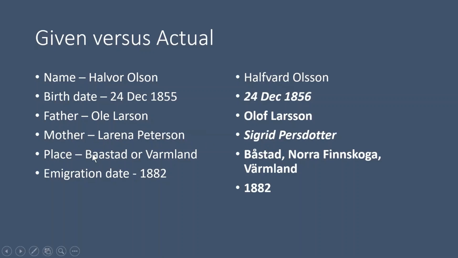And then we have the place name, Båstad, which matched up, and the immigration 1882. So this happens a lot where someone has a lot of information, but there might be 2 or 3 pieces that are different and they don't match up. So this is why it's important to be very flexible in your search.